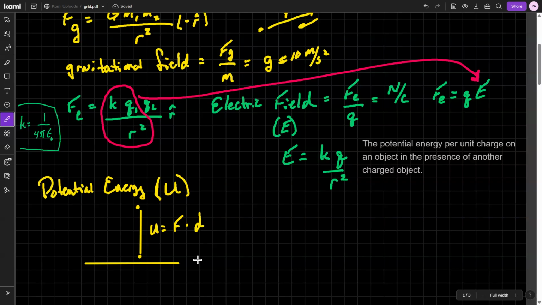In other words, it's just the work that it took to elevate it from one position to another. Work equals force times distance. If we're doing work in a gravitational field, that work becomes the potential energy, because if we were to release that object, it would fall back down and that would all become kinetic energy again. Okay. But is there a difference between moving it from there and moving it here?